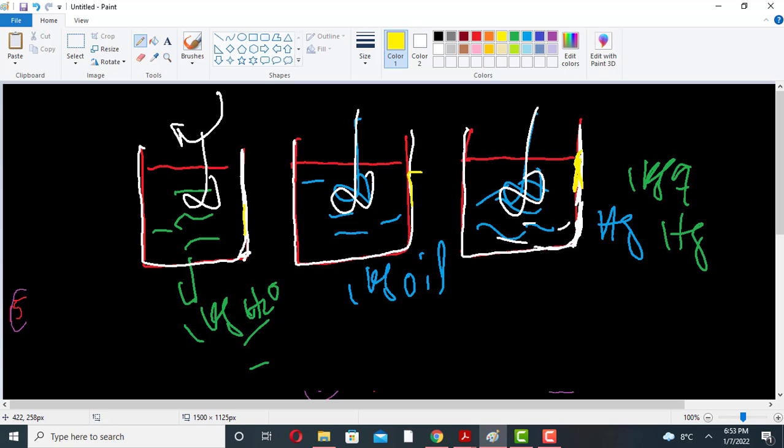Now when we apply work on these systems, the temperature of the system increases, as we already discussed in this lecture.